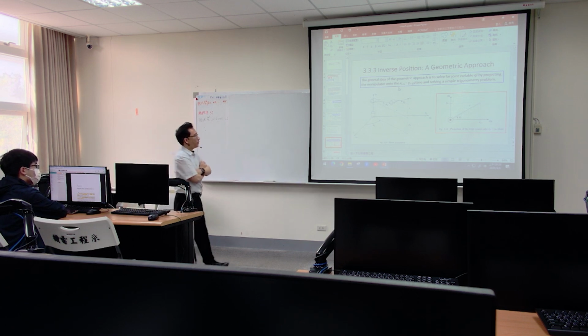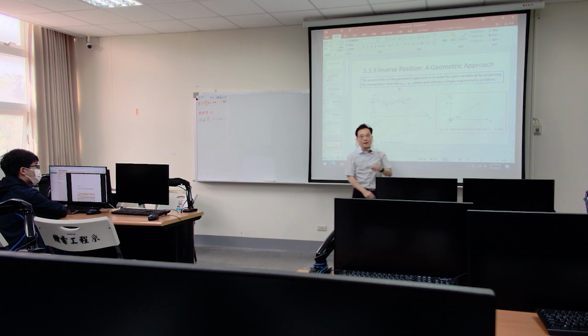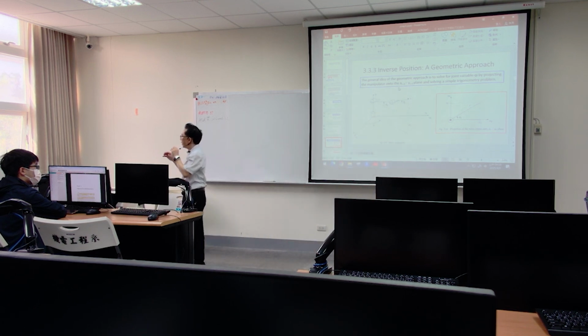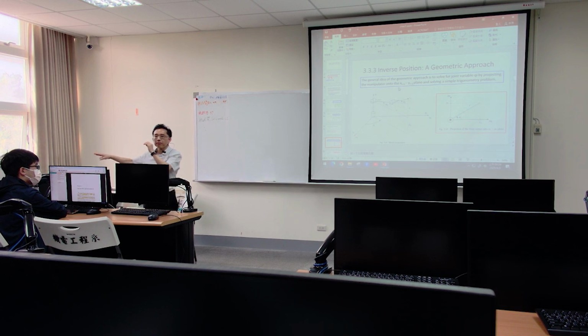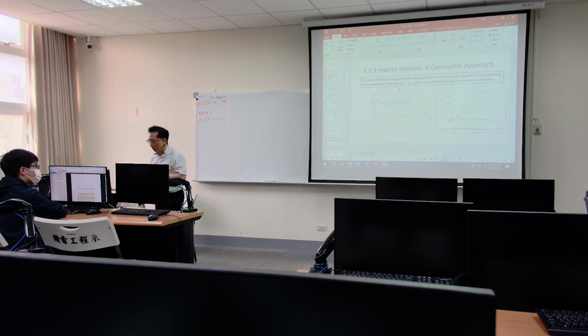And eventually we have the wrist center located. We can calculate from the final position we already gave to you and go to the wrist center. Then how can we compute the first three angles, which are theta 1, theta 2, and theta 3?